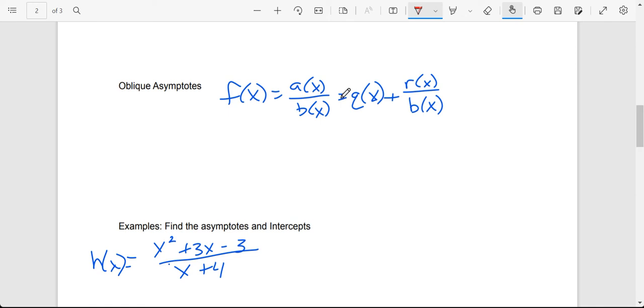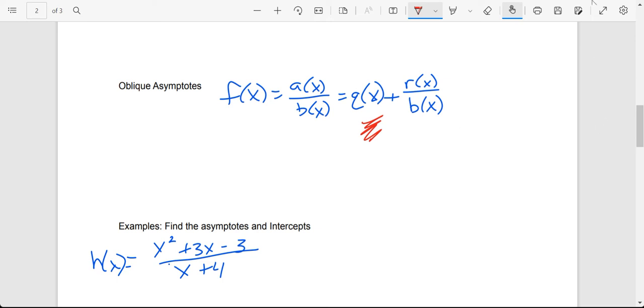So if your highest power is on the numerator and you divide, whatever your quotient is, that is going to be your oblique asymptote right there. Point being, if I've asked for the oblique asymptote, it's that. When you divide, whatever your quotient is will be your oblique asymptote, and what's left over is how the graph will look from there.